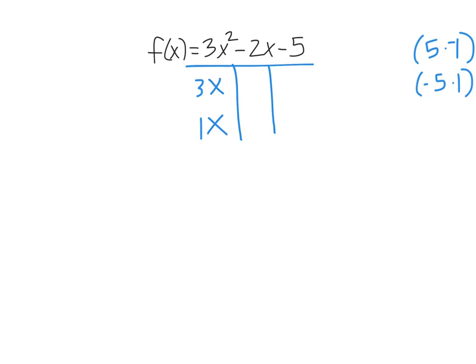When you cross multiply, now notice, 5 times 3 is 15x, and negative 1 times 1x gives you negative 1x. Does this add up to negative 2? And it's no.